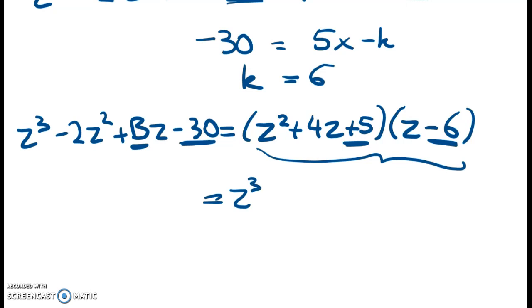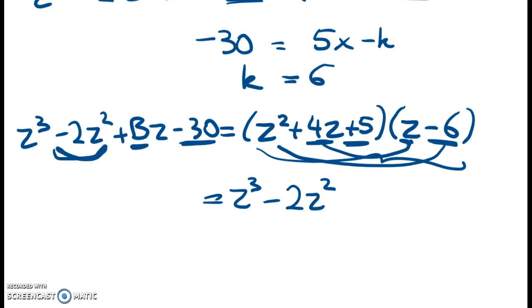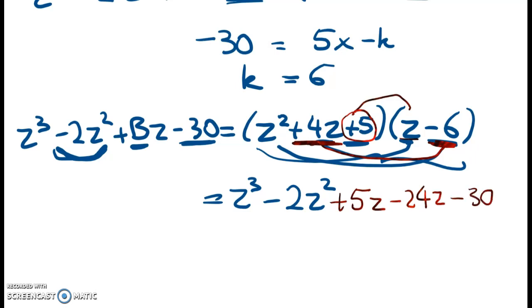And this gets us Z cubed, and we've got plus 4Z squared minus 6Z squared, which is -2Z squared. Now we should just check that that matches what we're meant to have over here. If it doesn't, you've done something wrong. The next bit is the plus Z bit. So here we've got plus 5Z, and we've got minus 24Z minus 30.